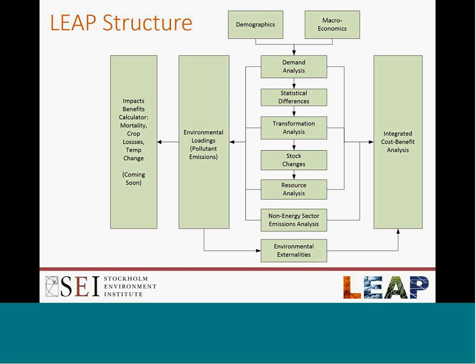And a new feature that I'll tell you a little bit more about in a second is the impact calculator, IC, which takes the emissions from LEAP and uses those to give you some idea of health impacts and ecosystem impacts, or rather avoided health and ecosystem impacts, of policy measures. So it lets you look at things like avoided mortality, avoided crop loss, those kinds of issues.